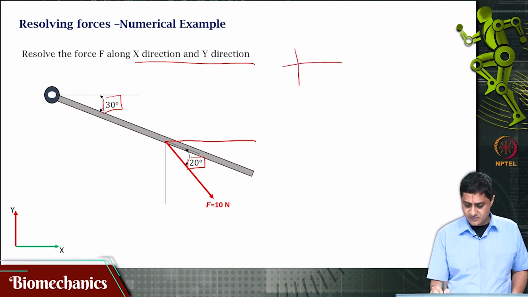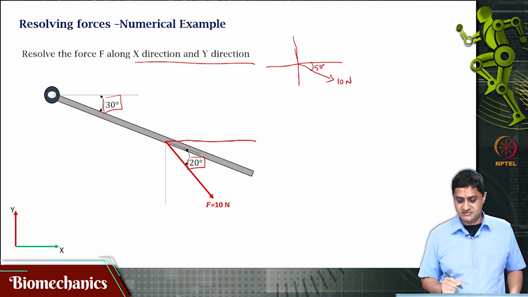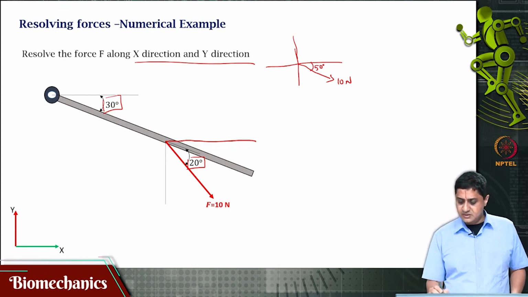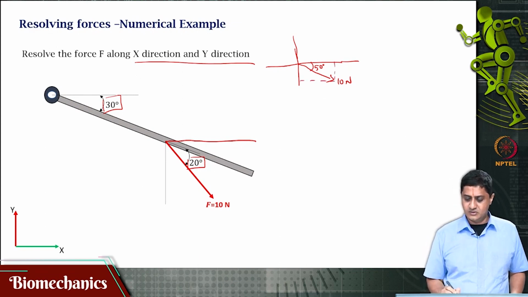If that is the xy axis, for example, this force, with a value of 10 newtons, is acting at an angle of 50 degrees from the horizontal. Now, I am interested in finding its x component and y component.